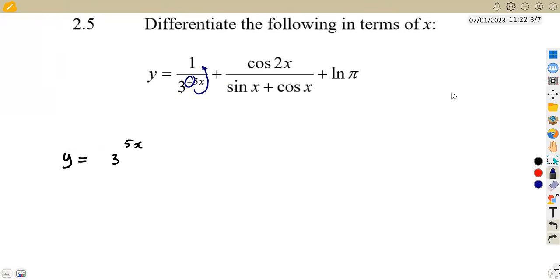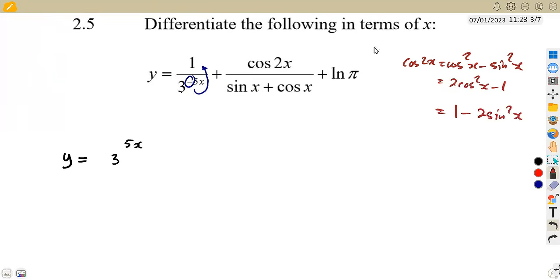Remember, from our trigonometry, if we are given the cos of 2x, we've got three identities actually for cosine of 2x, which is equivalent to cos squared x minus sine squared x. The same cos 2x can be equivalent to 2 cos squared x minus 1, which is equivalent to 1 minus 2 sine squared x.